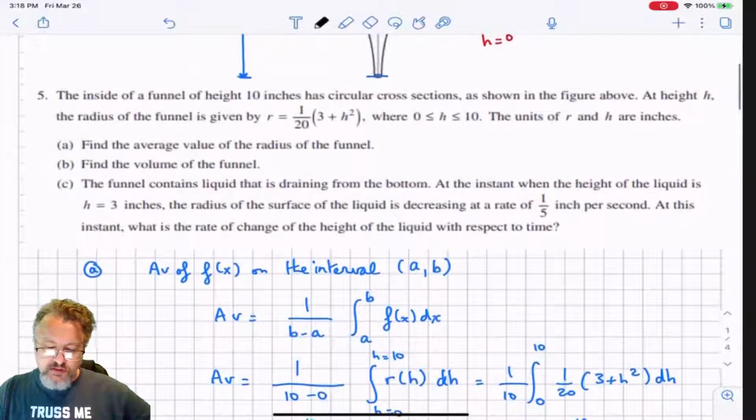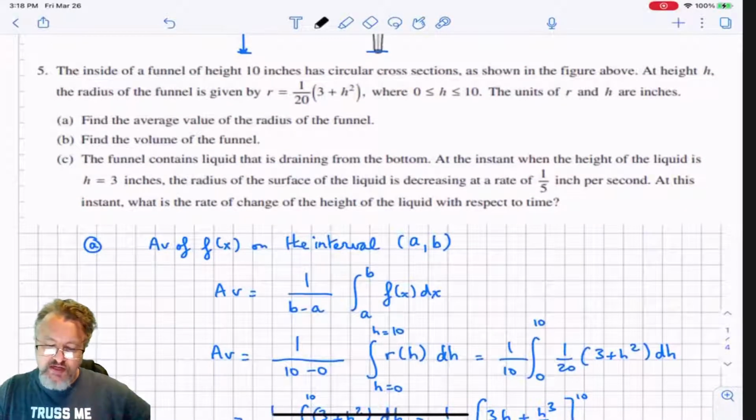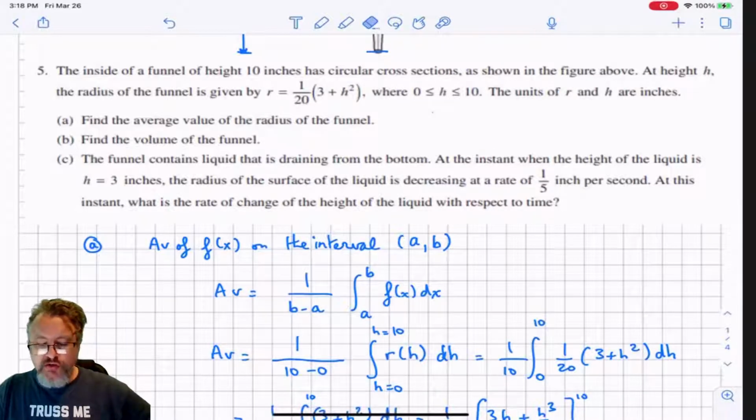The funnel contains a liquid that is draining from the bottom. At the instant when the height of the liquid is h equal 3 inches, the radius of the surface of the liquid is decreasing at a rate of 1.5 inch per second.